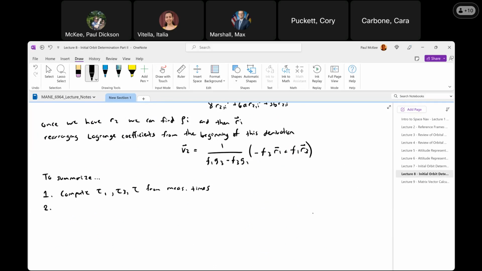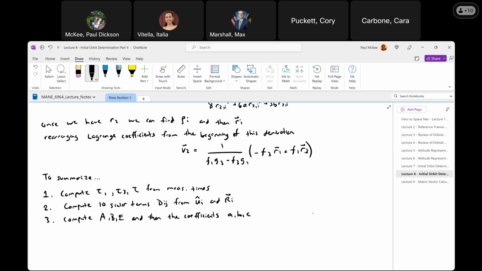Number 2, compute 10 scalar terms dij from ui and ri. Next, compute a, b, and e, and then the coefficients little a, little b, little c.